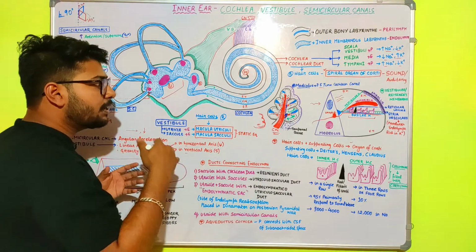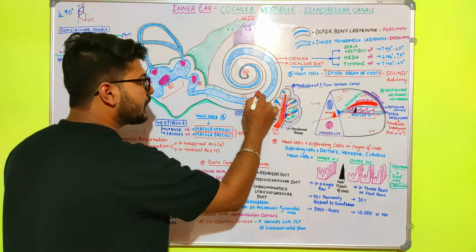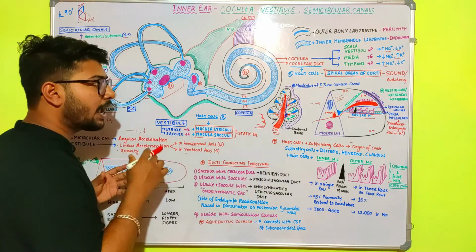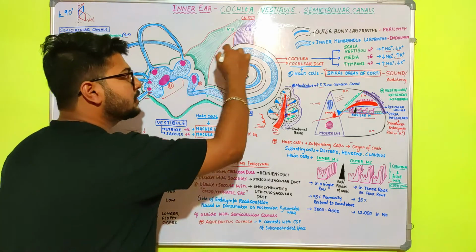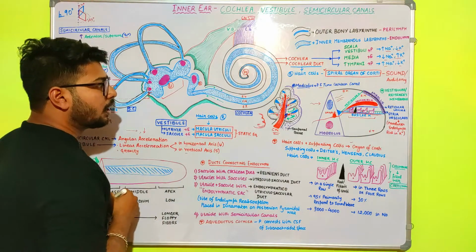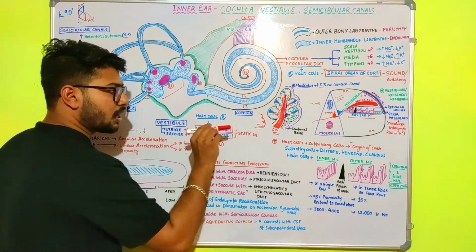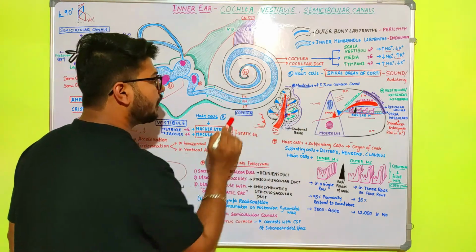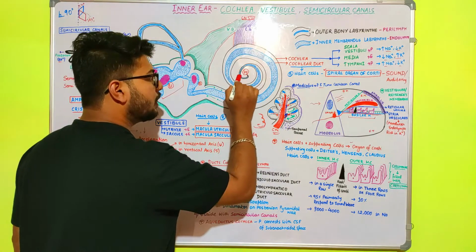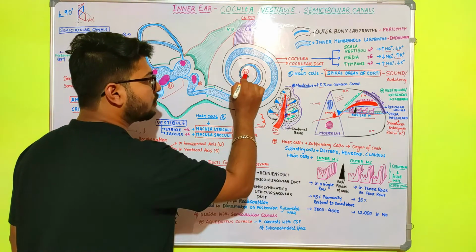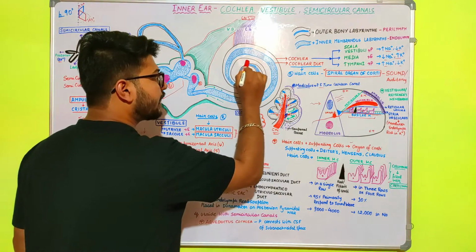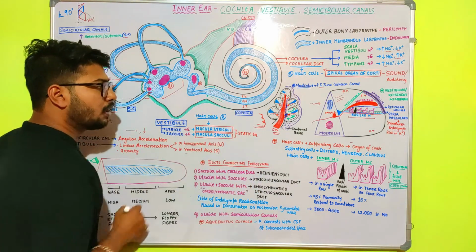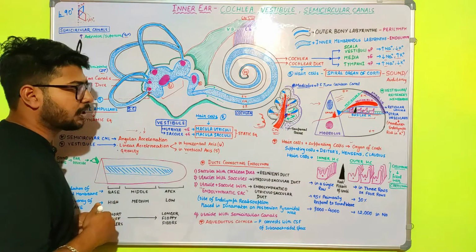It means there will be transfer of energy from the scala vestibuli to the scala tympani, but the energy transmission will take place in the opposite direction. It means that if the sound wave is in the direction towards the helicotrema, then the fluid will vibrate in a direction opposite to the actual way of vibration.